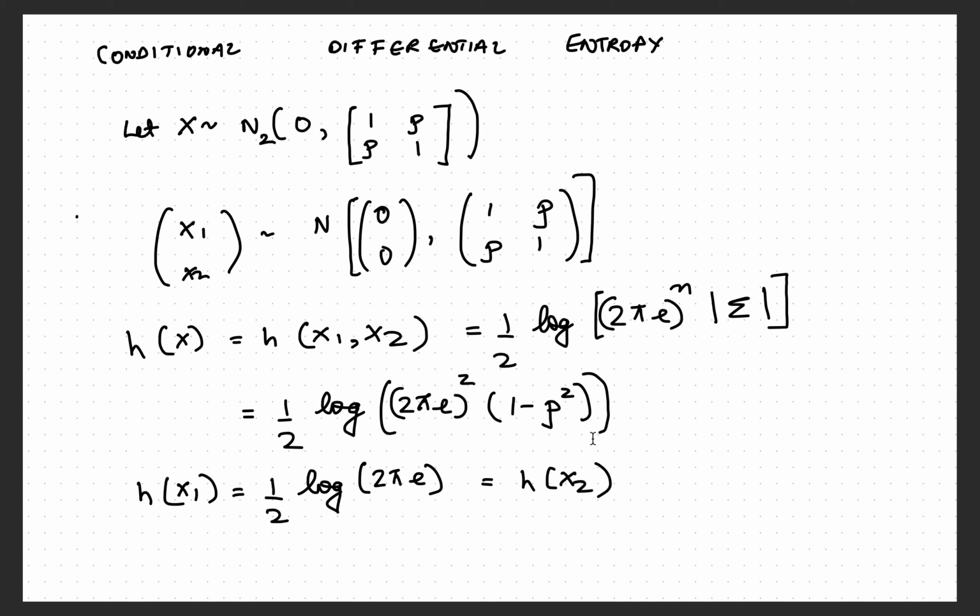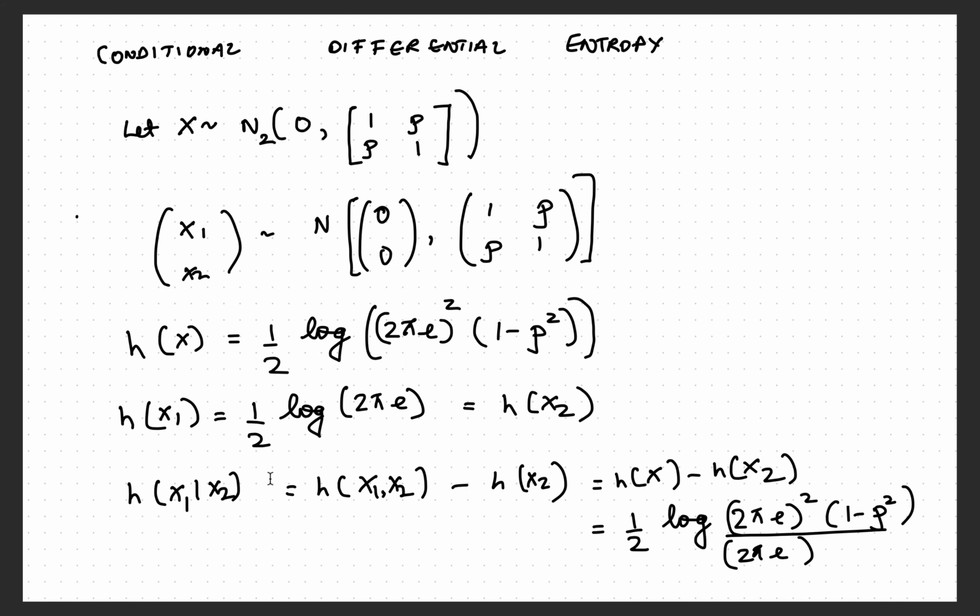I'll quickly show the calculation of the conditional entropy of x1 given x2. So we can write the conditional entropy of x1 given x2 to be the joint entropy of the joint distribution x1, x2, or just capital X, minus the entropy of the random variable x2, right?